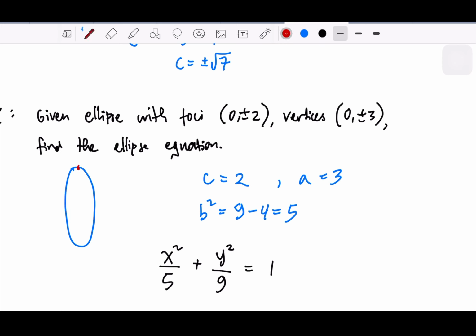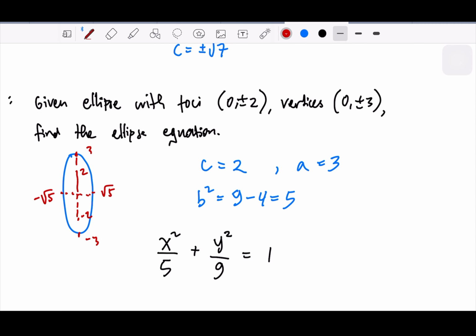Because we take the vertices here, which is A. This is plus minus 3, or maybe just mention this is 3, negative 3. This is square root of 5, negative square root of 5. And in between here, this is 2, and this is negative 2. Okay. So we can write the equation as this.